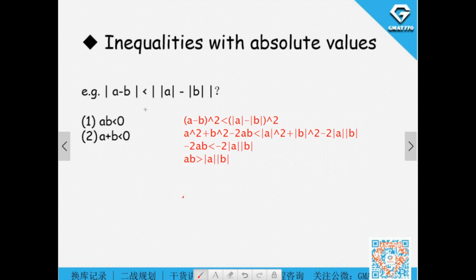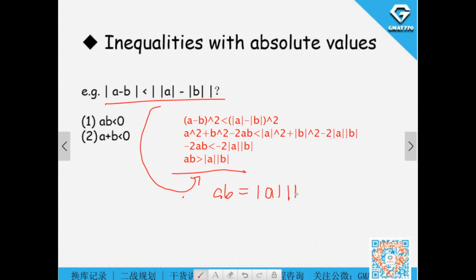So the question is actually transformed into this one. So you're looking for the product of a and b being greater than the product of the absolute values of a and b. So let's just think about it. What are the values of a and b that can make this inequality correct? Well, if a and b are both positive, the product of a and b is equal to the product of the absolute values of a and b.